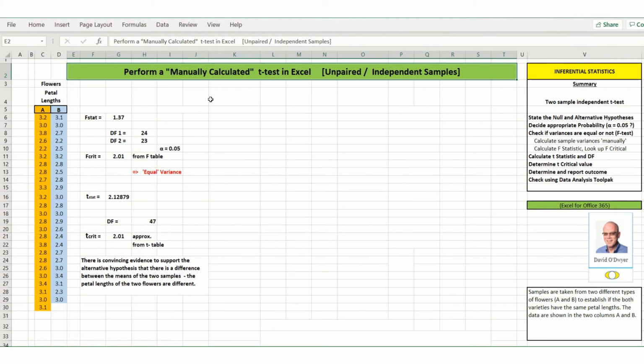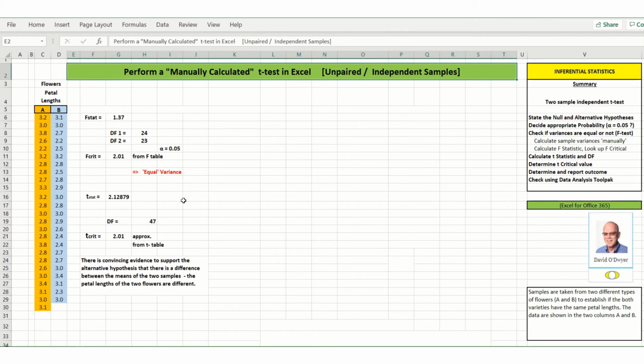So here on this worksheet, I've laid out the statistics that we've calculated in our steps. Initially, to calculate whether there was any difference in variance between the two samples, we calculated our F statistic at 1.37. The degrees of freedom are 24, 23. We set alpha equal to 0.05 as an appropriate level of probability or significance. Our F critical from the table using those values is approximately 2.01, and that allowed us to say that we could consider the variances of the two samples to be equal.